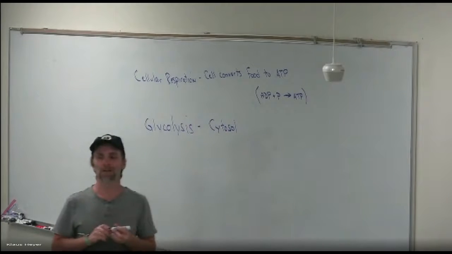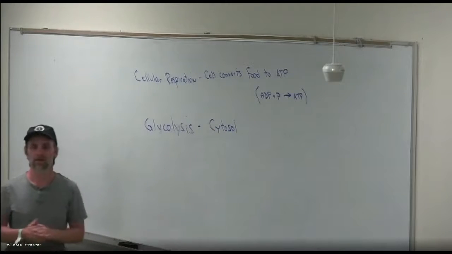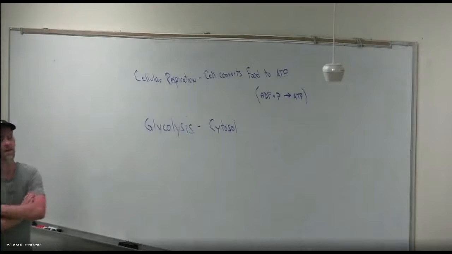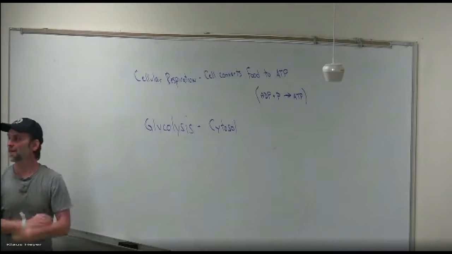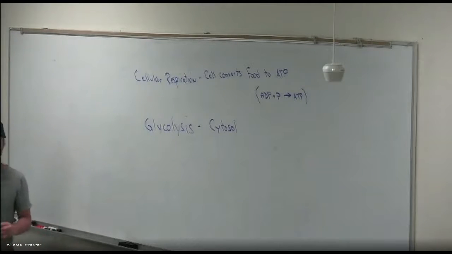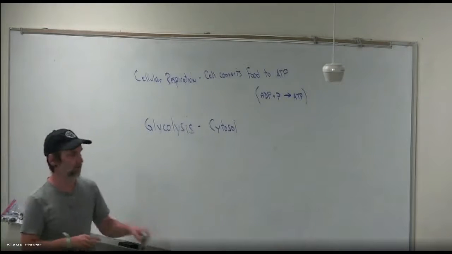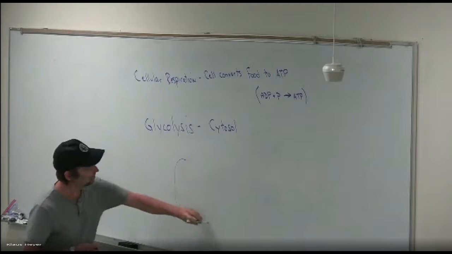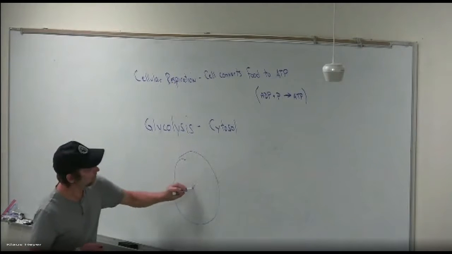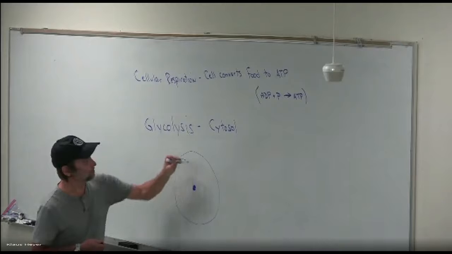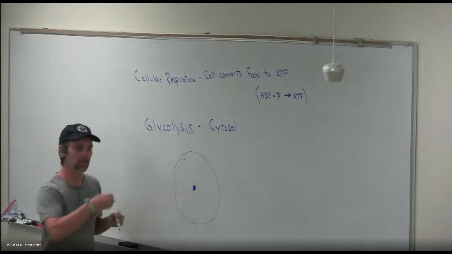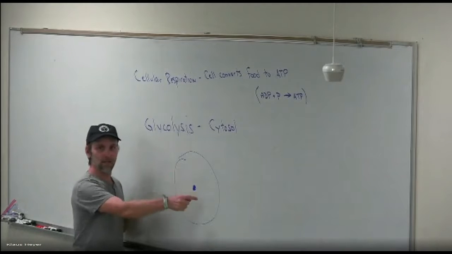This is going to happen in the cytosol of the cell. The cytosol is the liquid part of the cell. So you have the cell here, there's the nucleus in the middle, and a bunch of organelles floating around. They're floating around in cytosol.